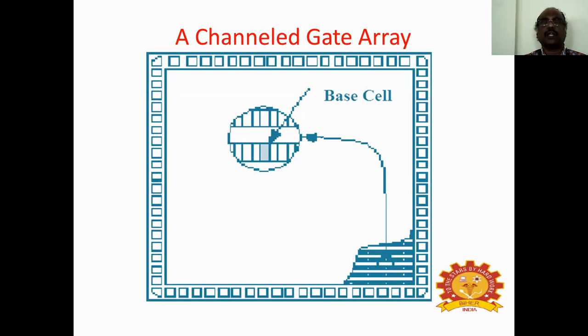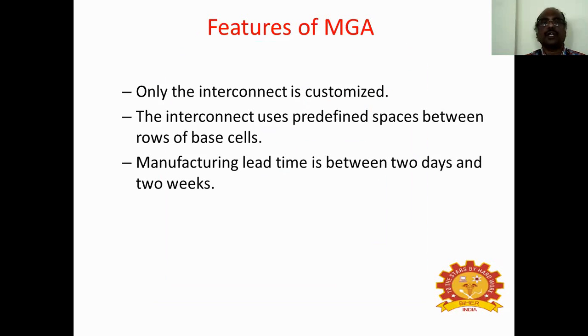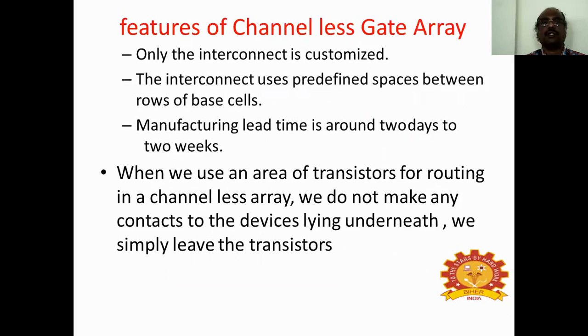The next type of masked gate array is the channelless gate array. Here there is no space between the base logic cells, and only the interconnect is to be customized. The interconnect uses predefined space between the rows of the base cells.